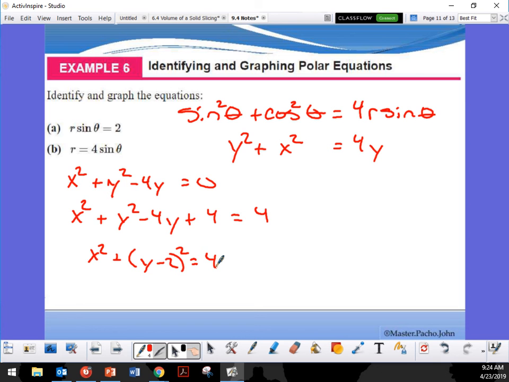So I have the equation of a circle centered at 0, positive 2, and my radius is 2. It's always going to be the square root of this number out here.